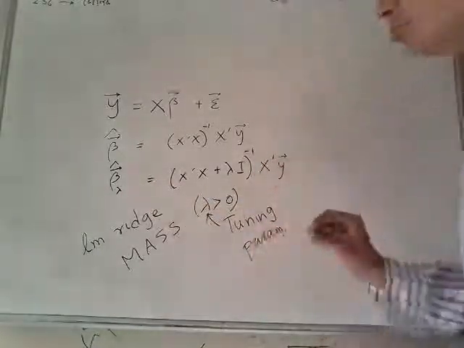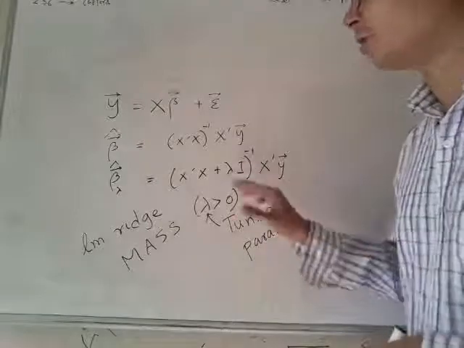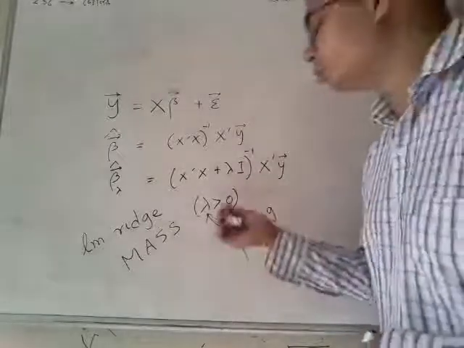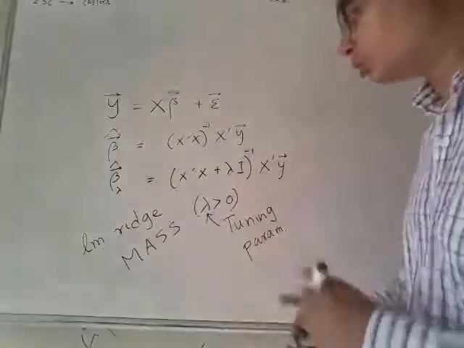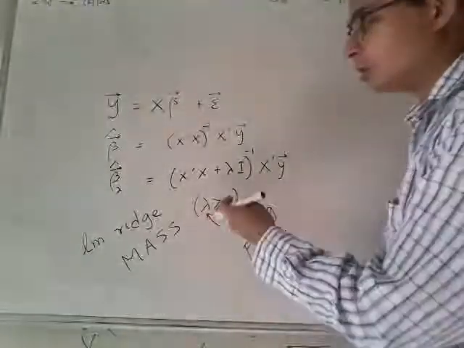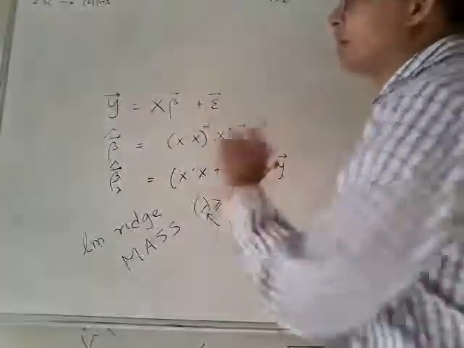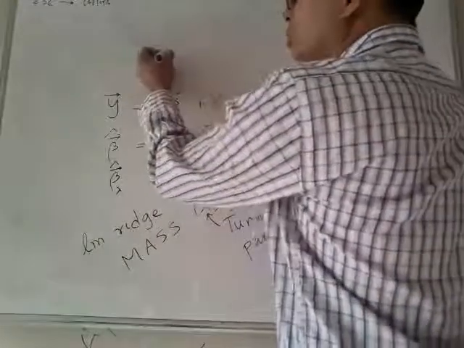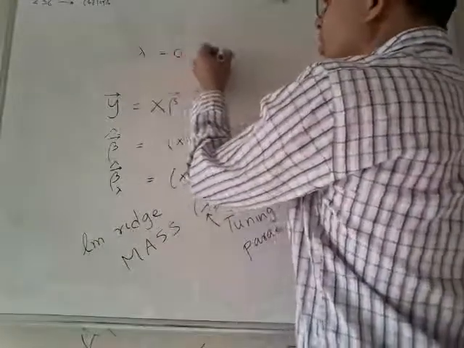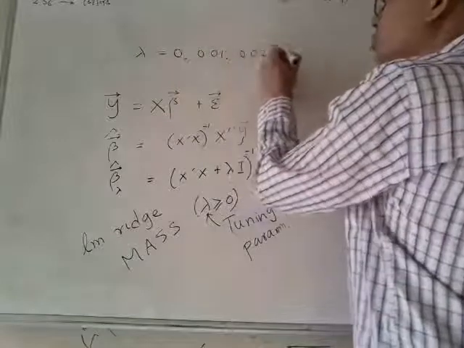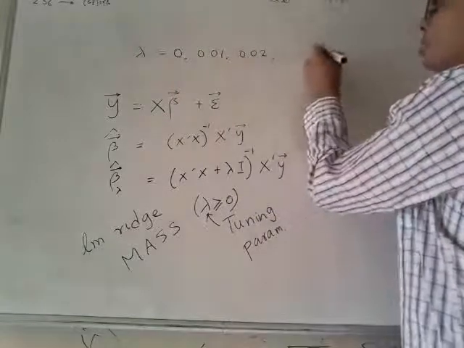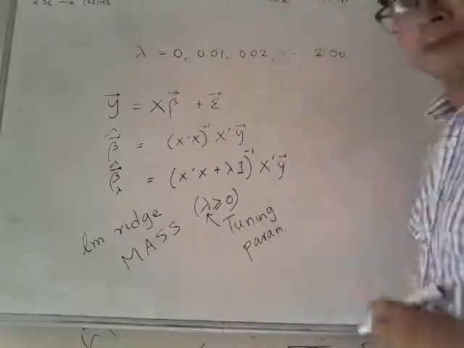These are potential choices for the value of lambda. Say lambda equal to 0 is one possible choice. I will put this also because then the least square thing is a special case of ridge. So you pick a grid of values, lambda equal to 0, 0.01, 0.02, etc., say all the way up to 2.00, suppose.